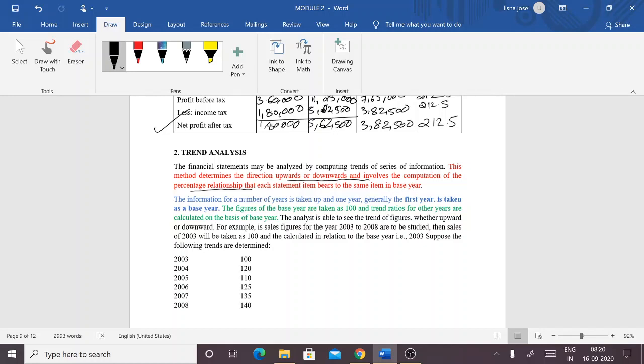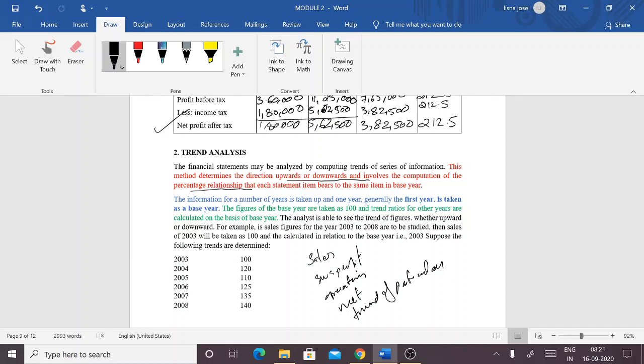Simply, if we want to calculate the trend of sales, or the trend of gross profit over several years, or the trend of operating profit for several years, or any other items like net profit, or the trend of any particular expense, this kind of analysis can be done with the help of trend analysis.